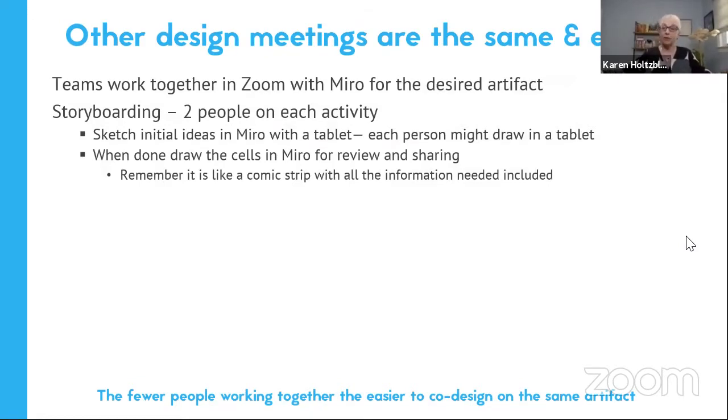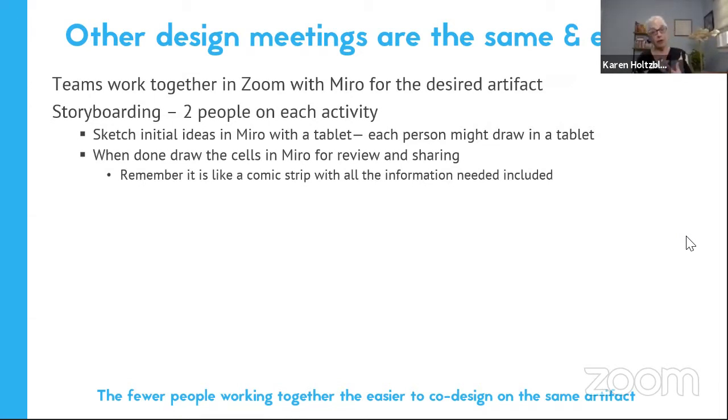Storyboarding, a two-person activity, you assign a particular activity, and then they have to do a mini vision in Miro, and then they're going to do a little cartoon drawing. And because it's just the two of them, they could be talking and adding and having a conversation much more easily at the same time.